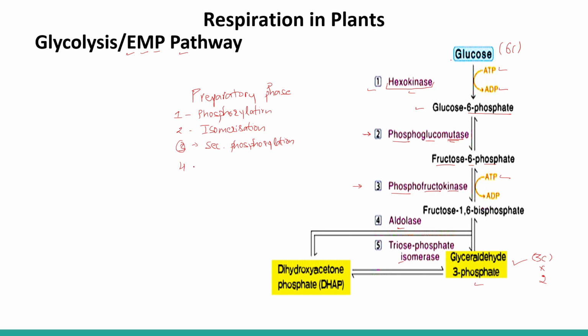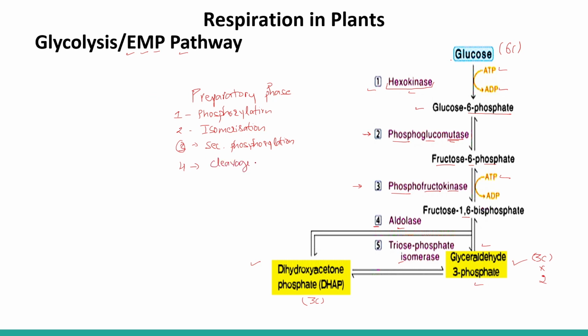Now the next step, the fourth step. In this step, fructose 1,6-bisphosphate is converted into one molecule of dihydroxyacetone phosphate and one molecule of glyceraldehyde 3-phosphate. Both of these are 3-carbon compounds.